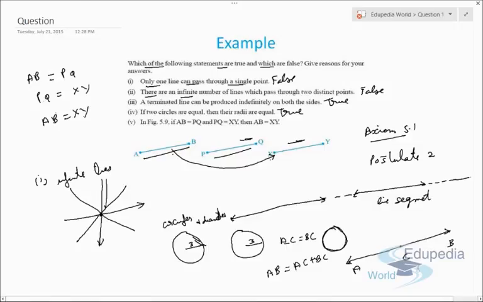So similarly we can say that if AB equals PQ and PQ equals XY, then according to axiom 5 of Euclid, we can say AB equals XY. So this is how we can solve these types of questions.